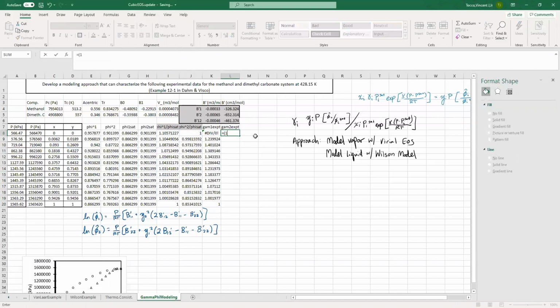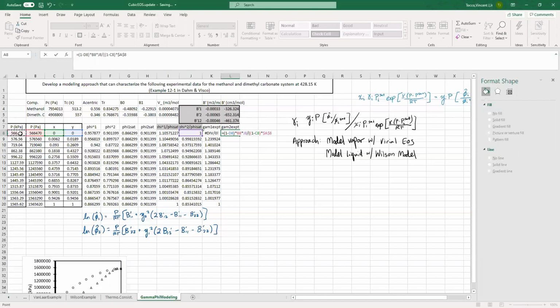So gamma 2 is 1 minus y1 times P. I want to make sure to take the Pascal one, times the ratio of the fugacity coefficients, divided by parentheses 1 minus x times P sat.